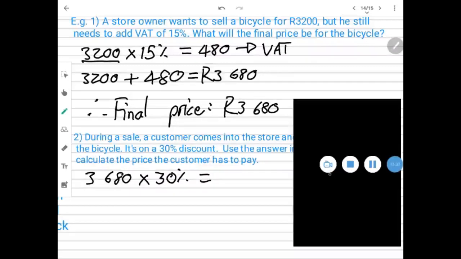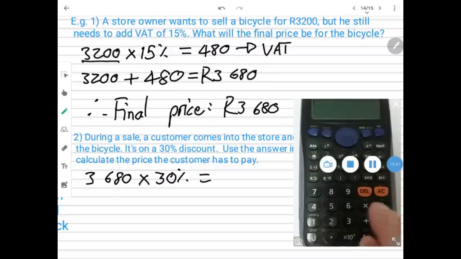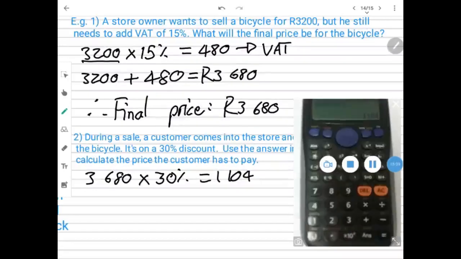Let's see what we get. 3,680 times 30%, which is the same as 0.3. That is 1,104. That is 30% of the original price.